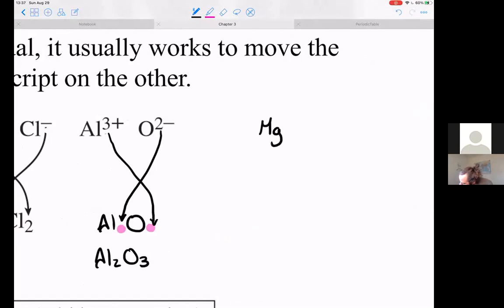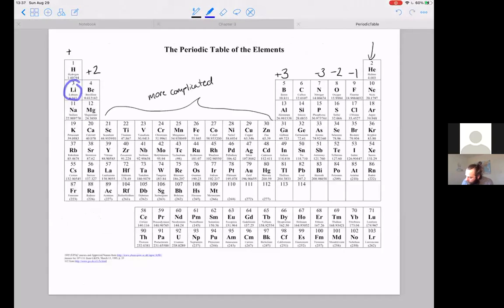Well, if I had magnesium and oxygen, I look on my periodic table for magnesium, that lives in this column, so it has a +2 charge. If I look on my periodic table for oxygen, that lives in this column, so it has a -2 charge.